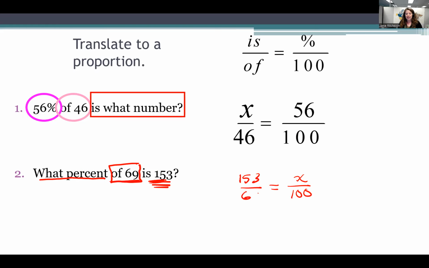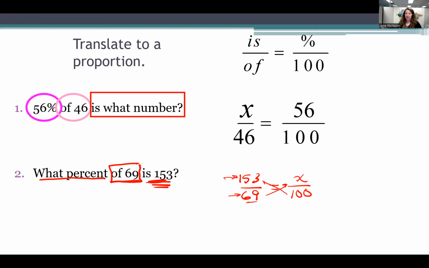Now, most of the time, this bottom number is going to be the bigger number. However, if you notice, don't make that assumption, because in this situation, it's not going to be the biggest number. So this is our whole, and these are our parts. But if you'll use that formula, it tells you exactly where to put all those numbers, okay?